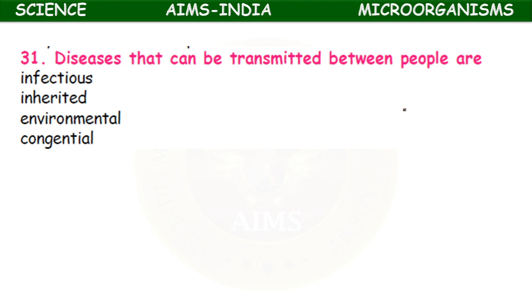Diseases that can be transmitted between people are infectious diseases, inherited diseases, environmental diseases, or congenital diseases. The diseases which are transferred from an infected person to a healthy person are called infectious diseases or communicable diseases.